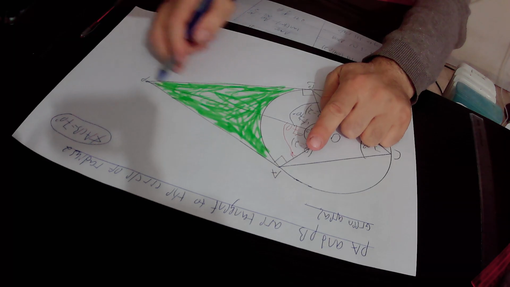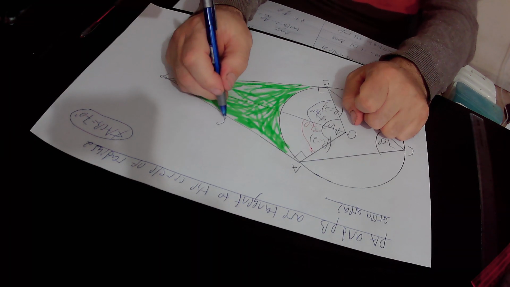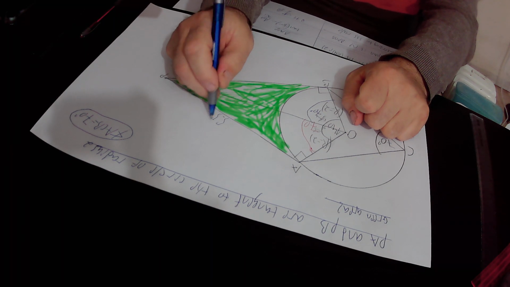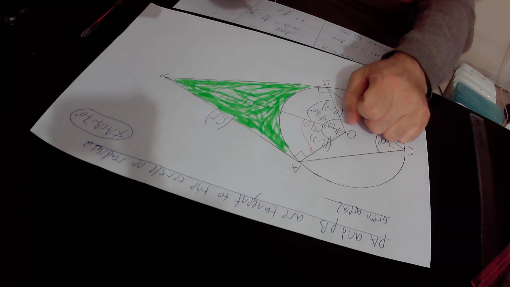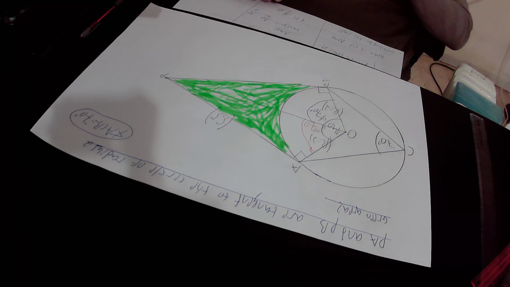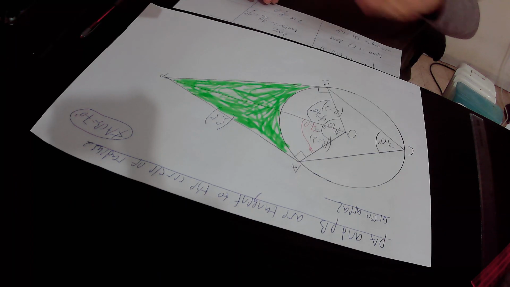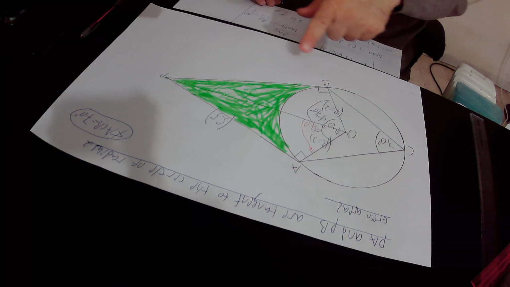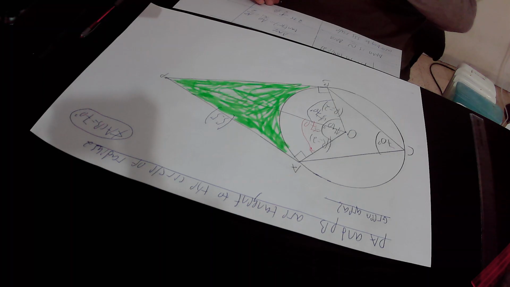This is side AP, which equals 5.5 units. We can repeat the same process and find out that BP is also equal to 5.5 units, but we actually don't need to do it.